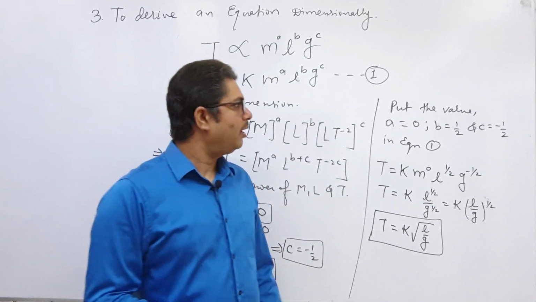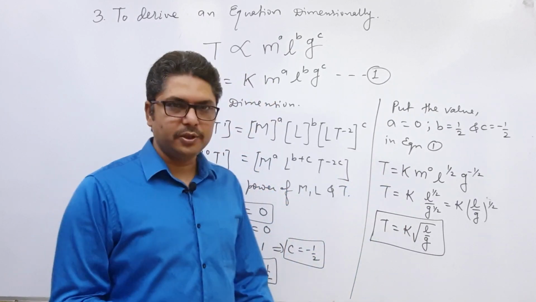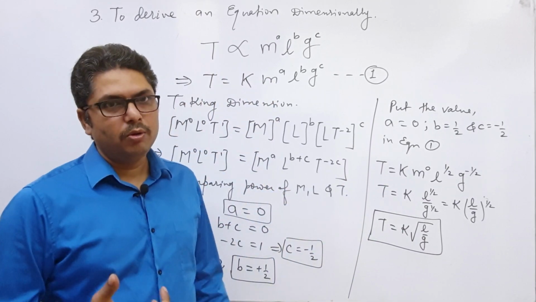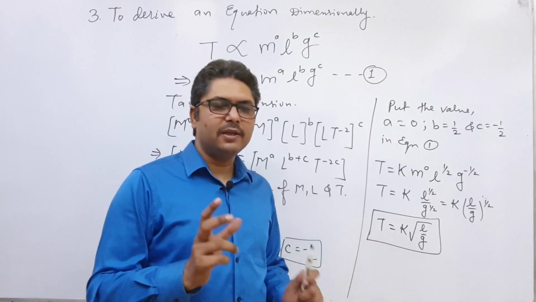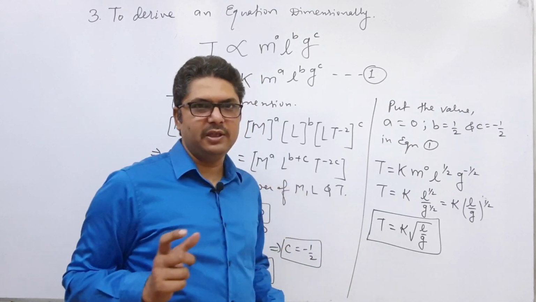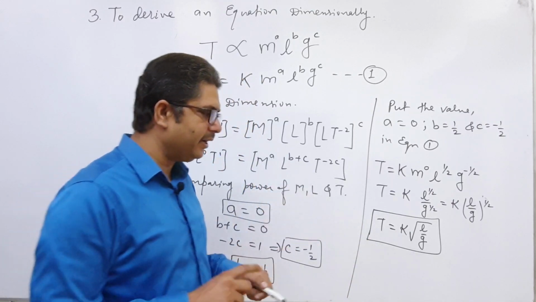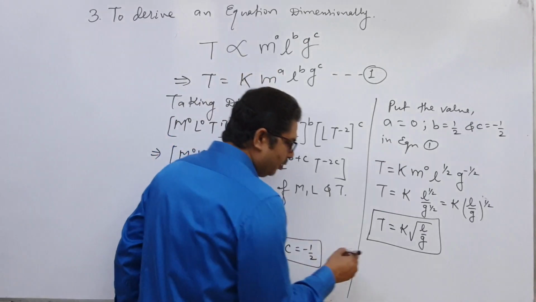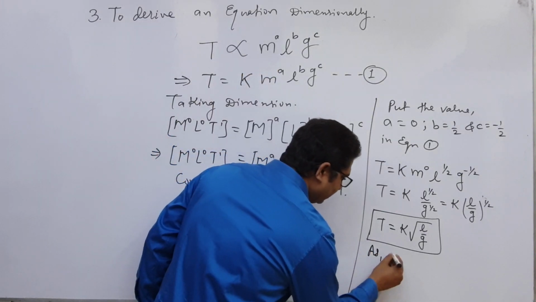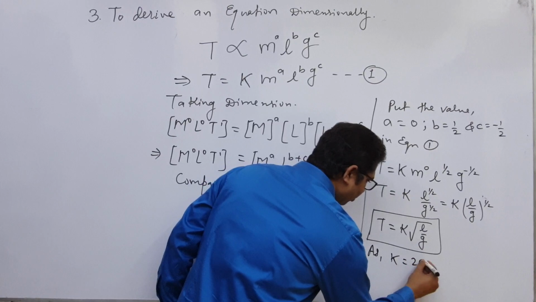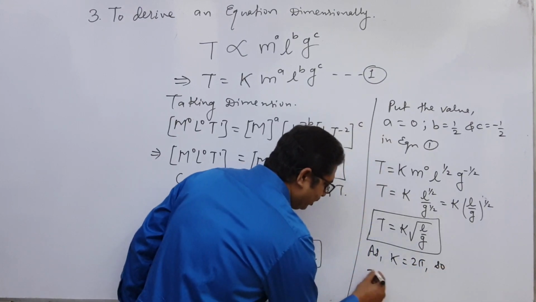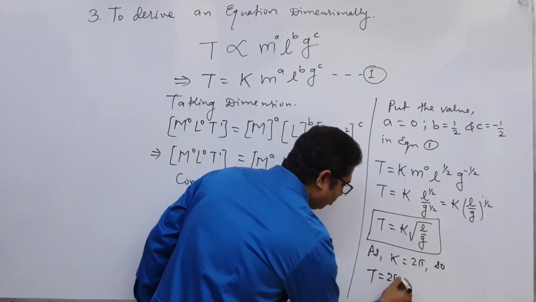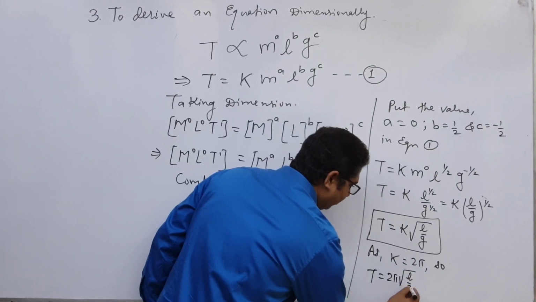Now thus you have learned this third application, and if you know the value of K, then you write the value of K, otherwise leave the equation as it is. Actually here K equals 2 pi. So T equals 2 pi under root l by g.